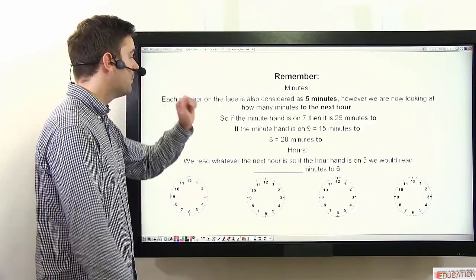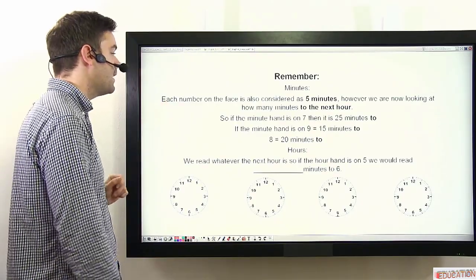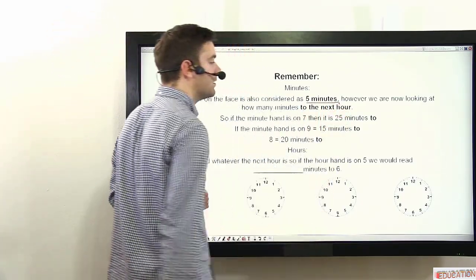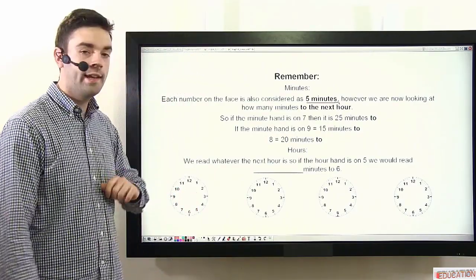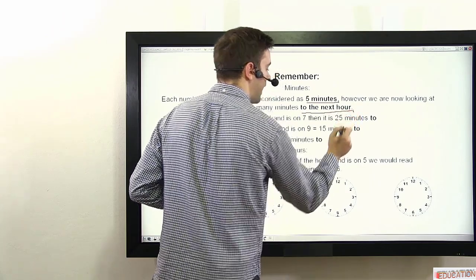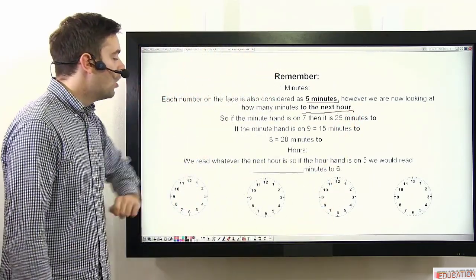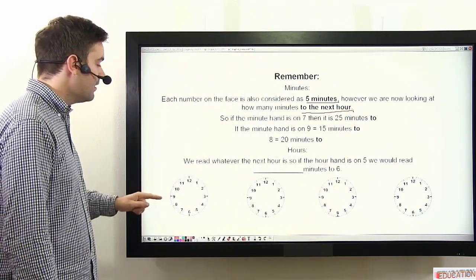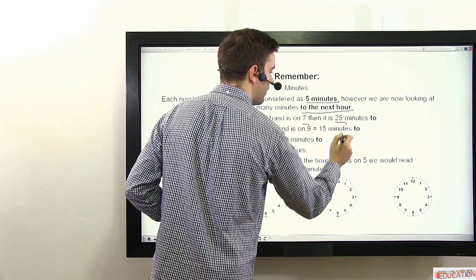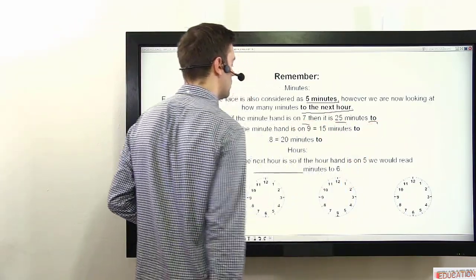Again, remember, each number on the face is also considered as 5 minutes. However, we are now looking at how many minutes to the next hour. So if the minute hand is on 7, then it is 25 minutes to.